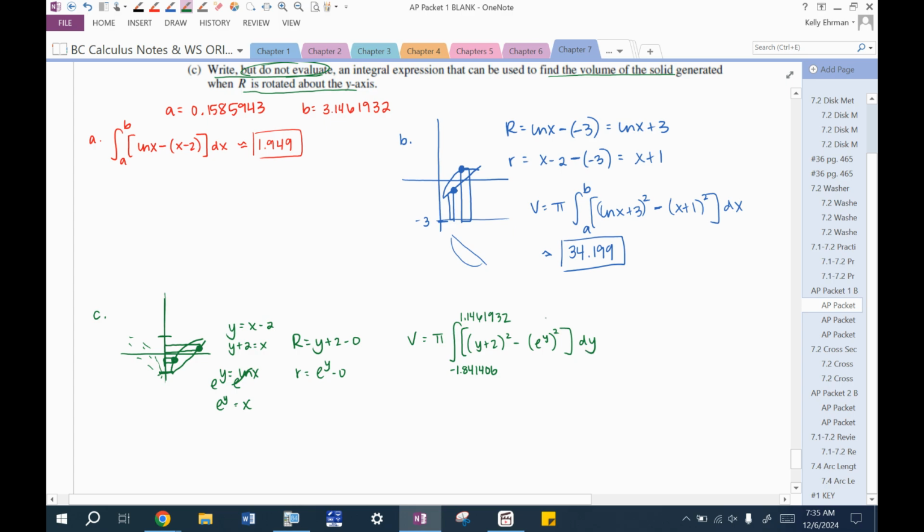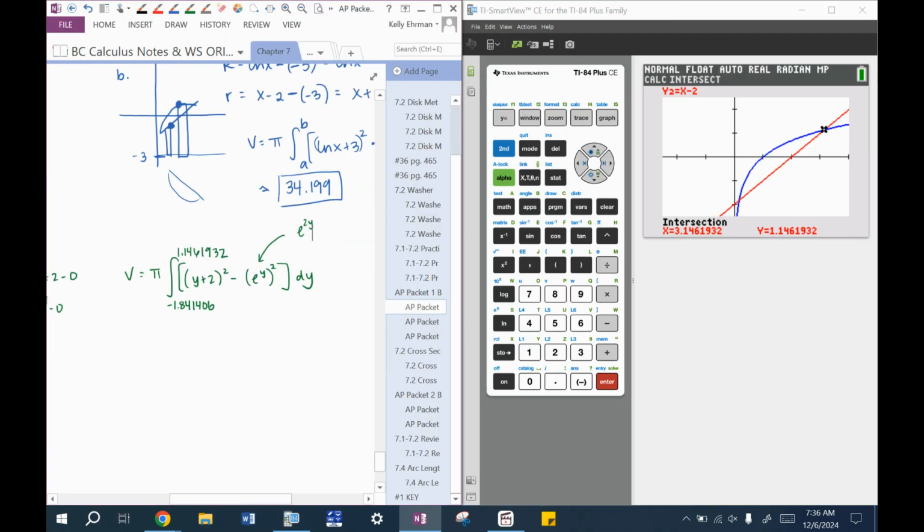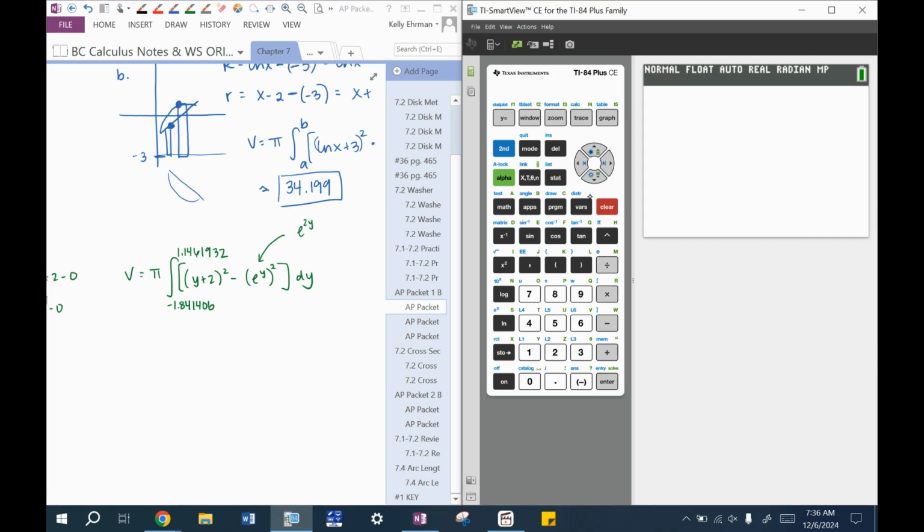You don't have to rewrite this. I just want to make sure that you remember that this is e to the 2y. That's just like if you're searching for multiple choice answers, I hope you remember power to a power is to multiply. When we type this into our calculator, we don't have to simplify anything. So it's going to be pi, math 9, type these decimals out.